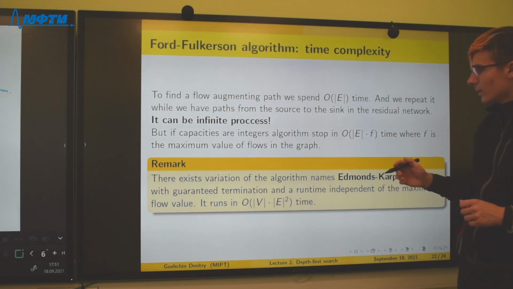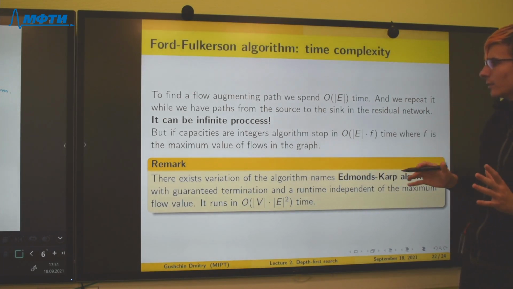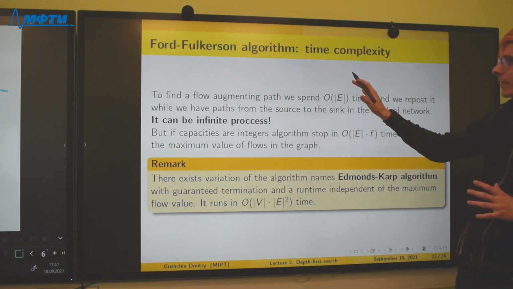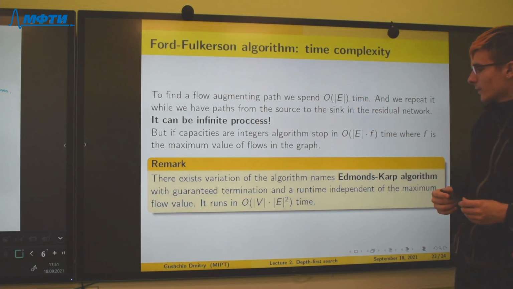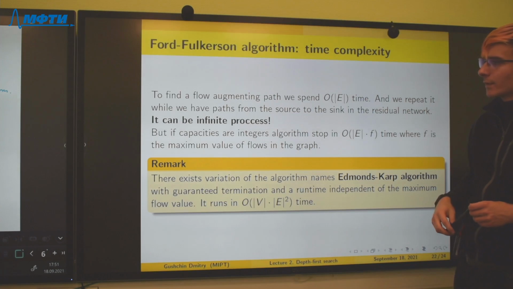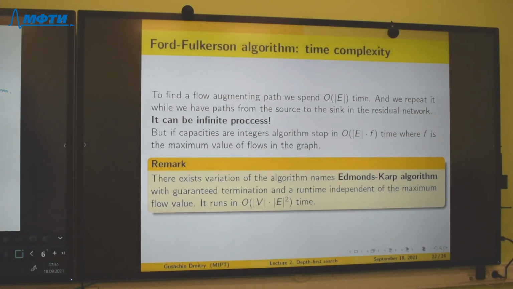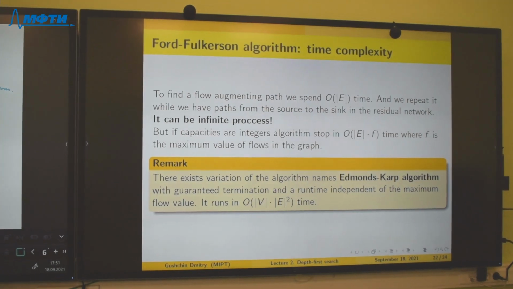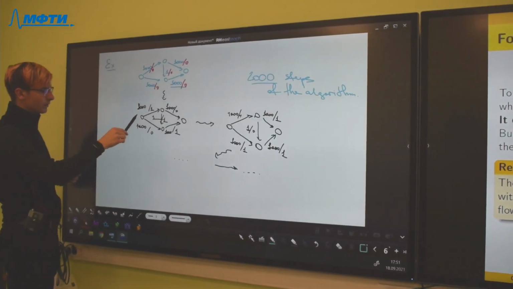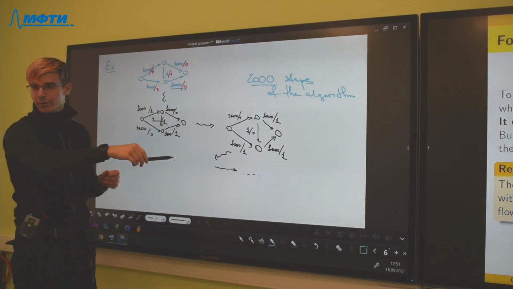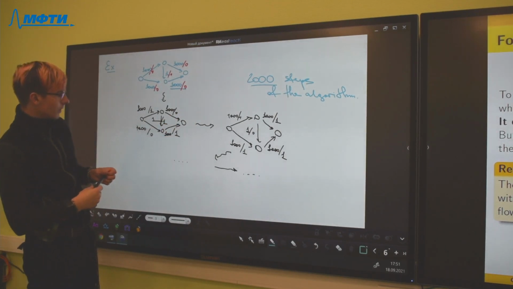It is very similar to the Ford-Fulkerson algorithm, but has a different understanding of which augmenting path we need to use in the residual network to increase our flow.